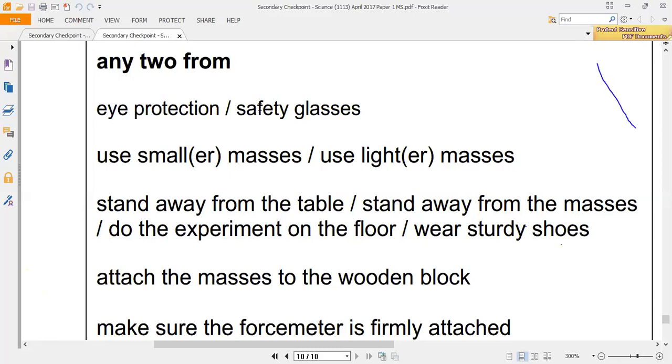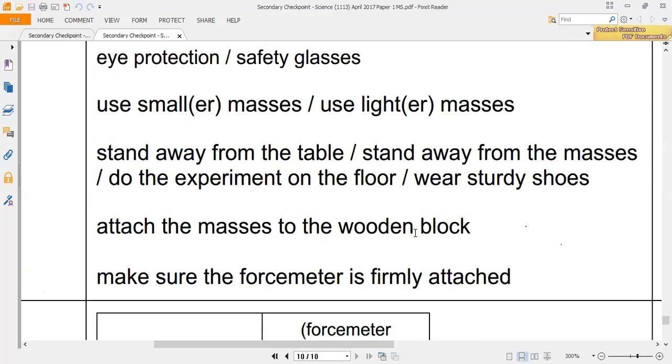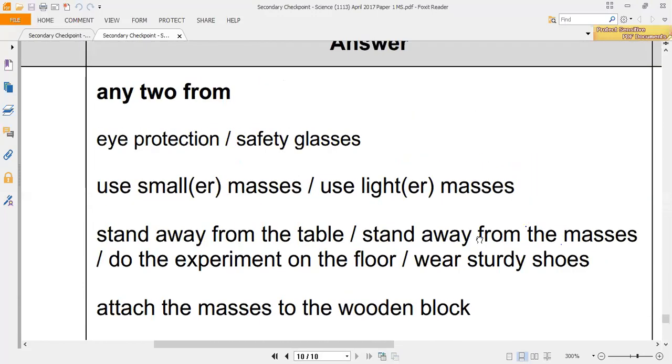Use smaller masses also will be okay. If you also say stand away from the table, stand away from the masses, or do the experiment on the floor, or even wear safety shoes, okay. Attach the masses to the wooden block. Make sure the force meter is firmly attached. All of those are accepted, okay.